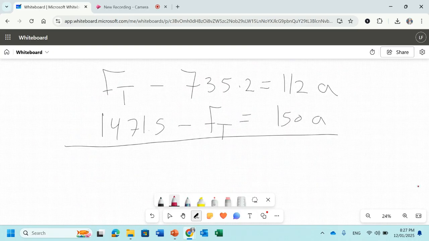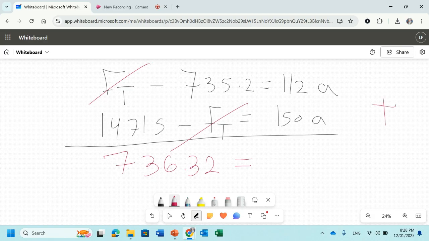So the tension cancels out. 1471.5 minus 735.2, you should get 736.3 equals 112 plus 150.